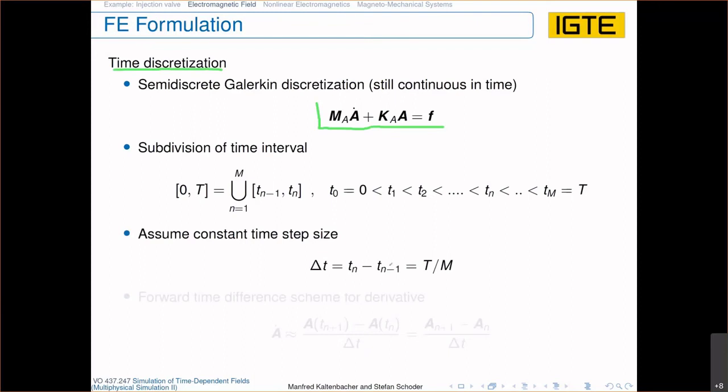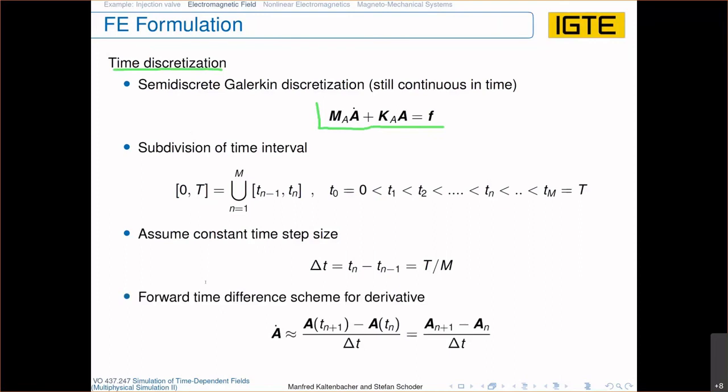Let's say we have here a subdivision, as you can see, of the whole computational domain by m subdomains, and then we have a delta t which is equal for each time step. Now, what you apply here is the simpler thing, so we don't again introduce basis functions as we have done for the space discretization.